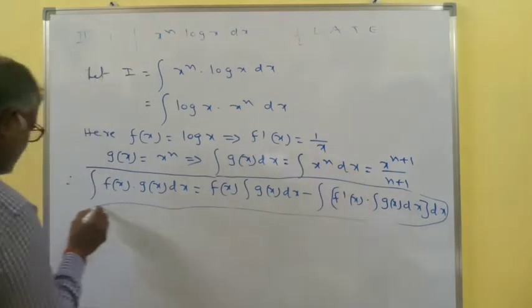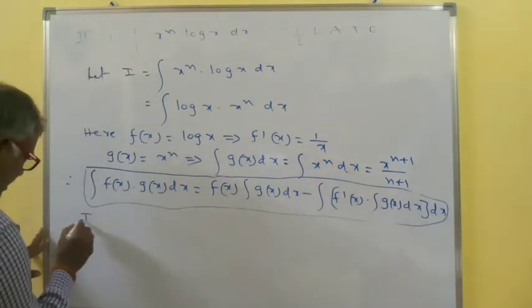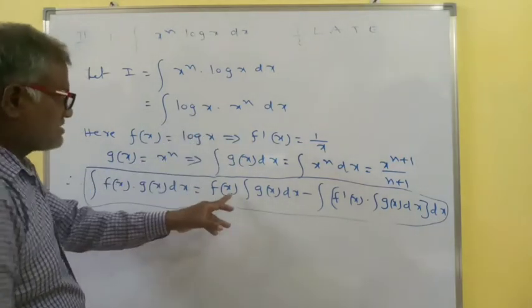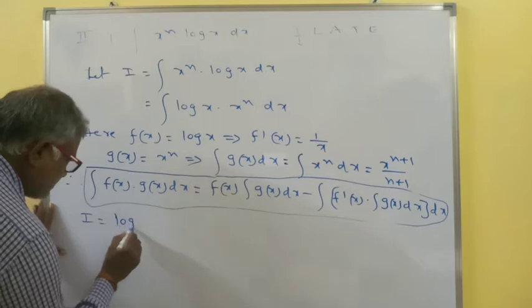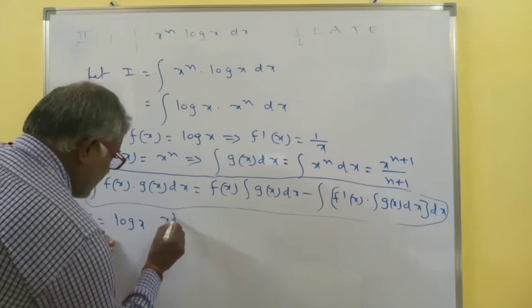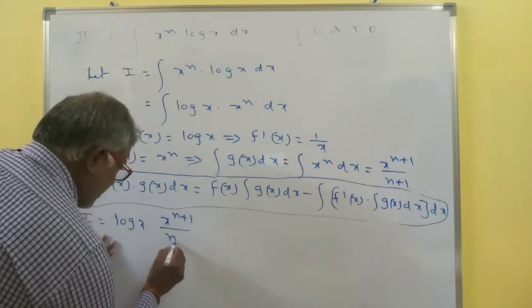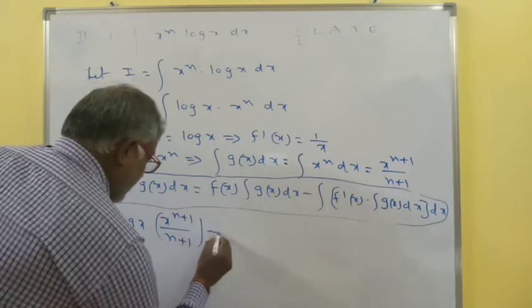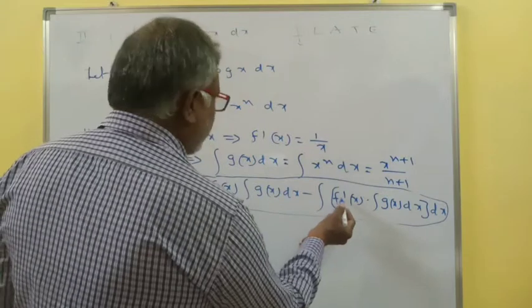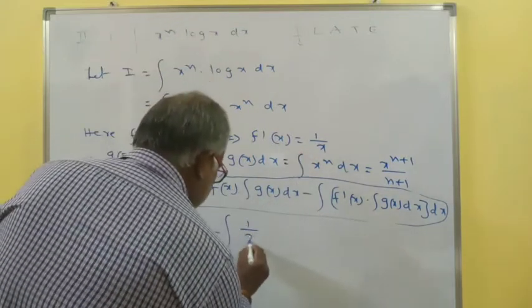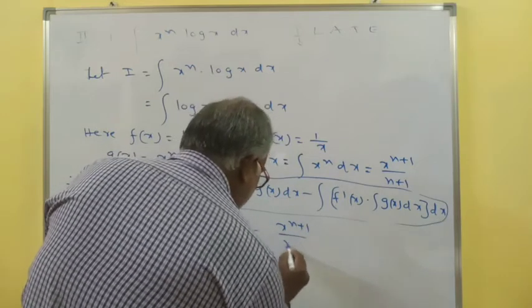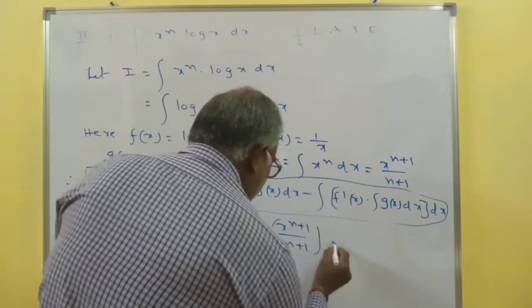Therefore, I is equal to, you see here, f of x g of x. What is f of x? Log x into the integral, x power n plus 1 by n plus 1, minus integral of, next, f dash x. What is f dash x? 1 by x into the same thing, x power n plus 1 by n plus 1 dx.